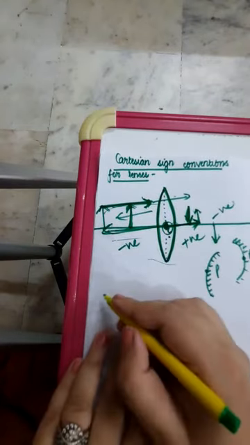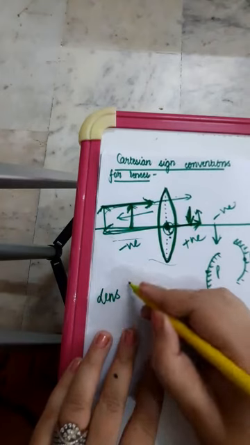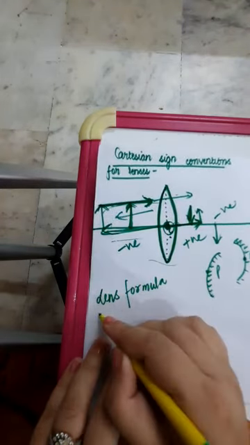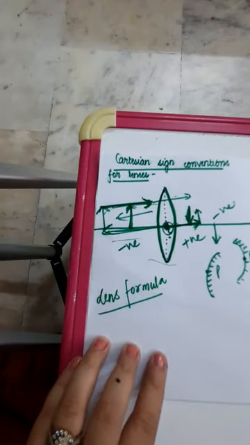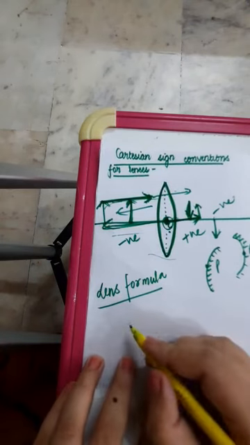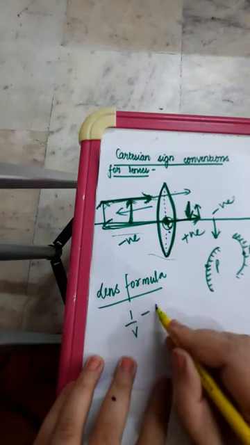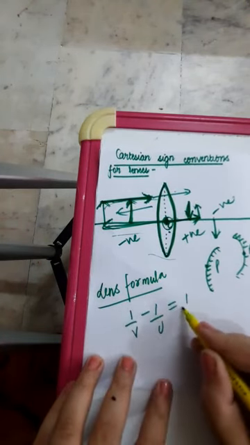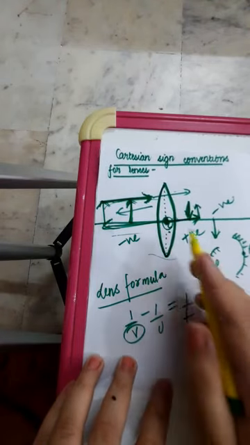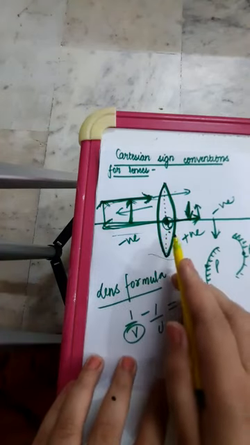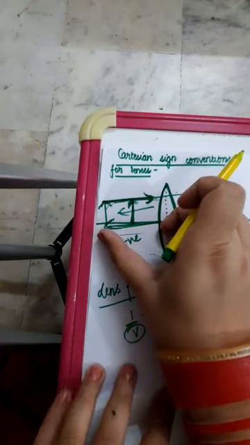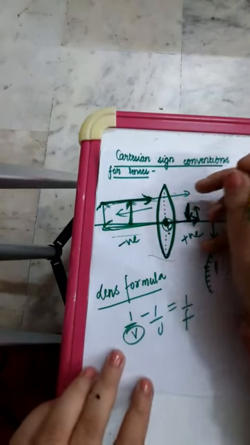And then we will be studying lens formula. The proof of lens formula is not there in your syllabus. Just the formula you have to memorize. The formula says that 1 by v minus 1 by u is equal to 1 by f. Here v refers to the image distance. Image could be formed anywhere, so image distance from optical center is of course different from object distance from the optical center.